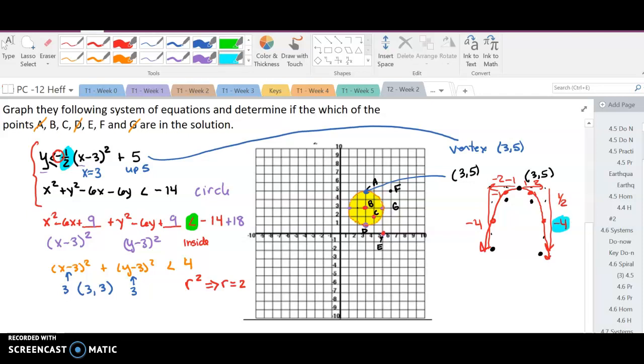So I'm going to transfer that drawing onto my grid. My vertex is at A, over 1 down 1/2, over 2 down 2, over 1, 2, 3. 3 squared is 9, so I'm going to come down 1, 2, 3, 4.5. That's half of 9. This one is solid.